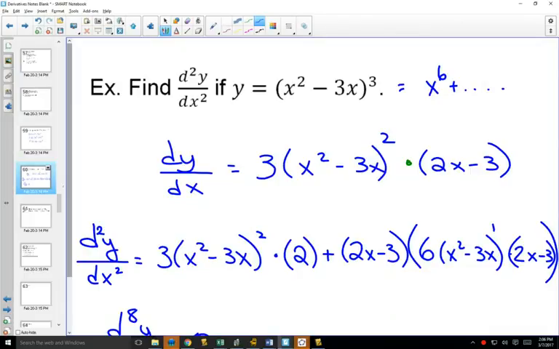Now, if I have an x to the 6th and I do the derivative once, I'm going to get an x to the 5. If I do a derivative again, I'm going to get an x to the 4, then an x cubed, then an x squared, then an x, then just a number. And what happens after you get just a number and you do the derivative? You're going to get 0. So does it make sense that if I did it 8 times, which is probably more than enough, starting with an exponent of 6, you'll get all the way down to 0 in the end?